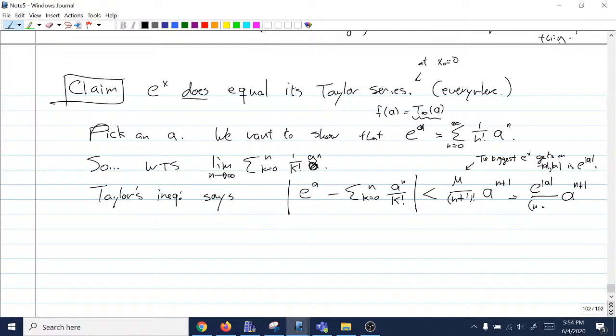This is like an abstract thing, where I know it is some number. The point is that it's constant. And it's easy to check that the limit as n goes to infinity of a to the n plus 1 over n plus 1 factorial, even with that constant of e to the a, is 0. So the series converges to e to the a for any particular a value.